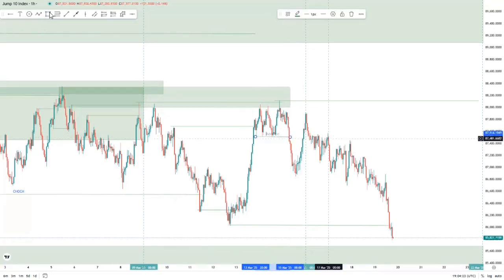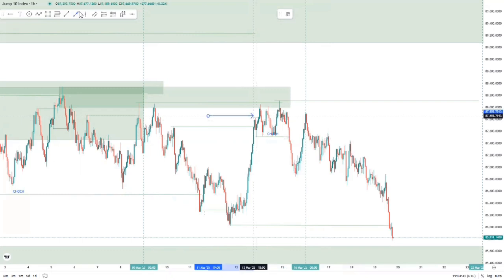With a change of character here, and the break of structure here upwards. This was the last break of structure. And we had a change of character here.